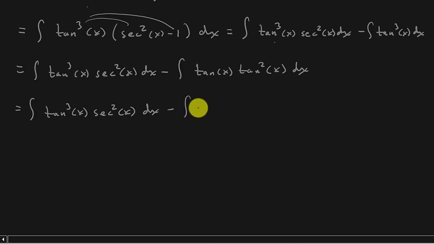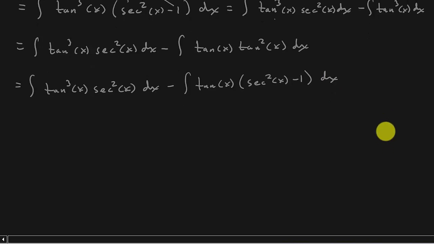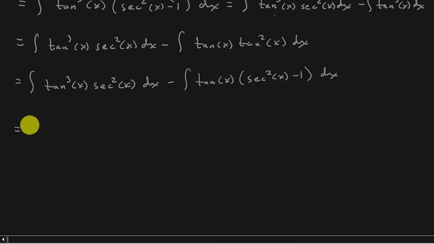Minus the integral of tangent x times secant squared x minus 1 dx. We rewrite tangent squared as secant squared minus 1 again. And so that's going to give us the integral of tangent cubed x secant squared x dx.